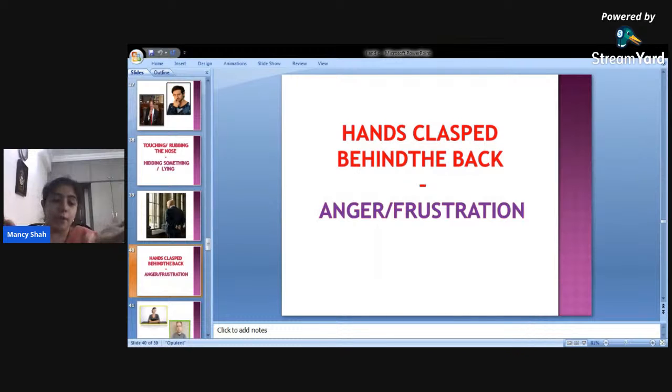And remember that any gestures you are giving have to be above your waist level. No gestures below your waist level are accepted. So keep your hands up, and more importantly, keep them open. It shows that you are a very open minded person, that you have nothing to hide and people can trust you. So hands clasped behind, again frustration, anger.